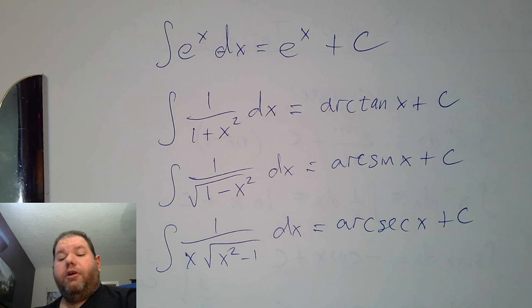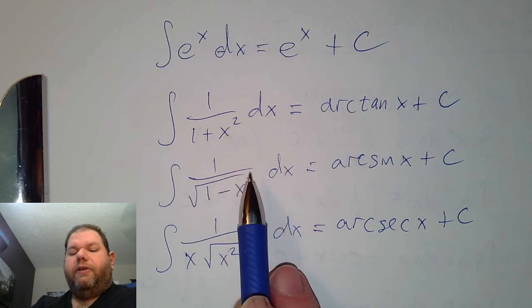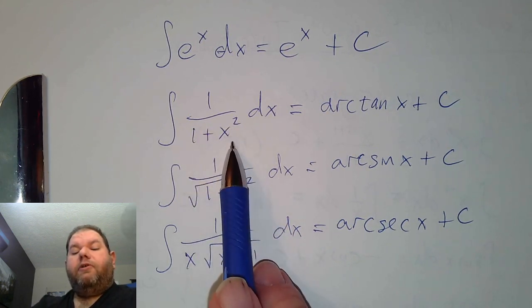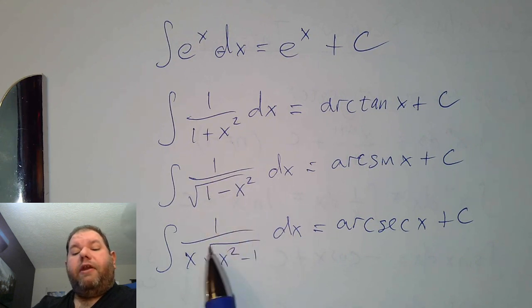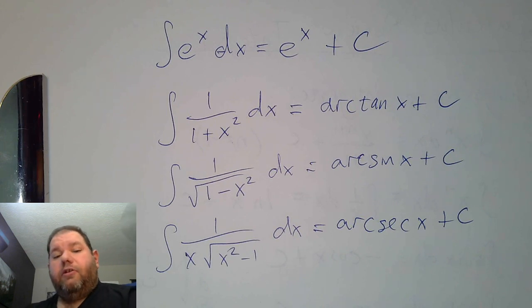Now those we're not going to be using quite as much. It's nice to be familiar with these. If we can get to the point where we recognize these patterns, a sum of squares or difference of squares under a radical on the bottom, and realize this is something significant that we can use, that's good. It'd be nice to know these formulas, but I actually have a formula sheet that I will give you of certain integral and derivative formulas for the more complicated things that we don't use as much.